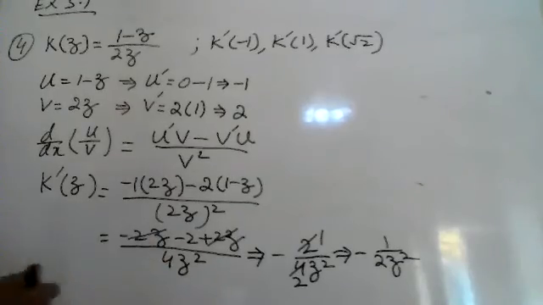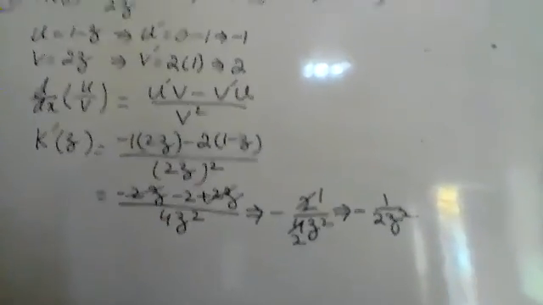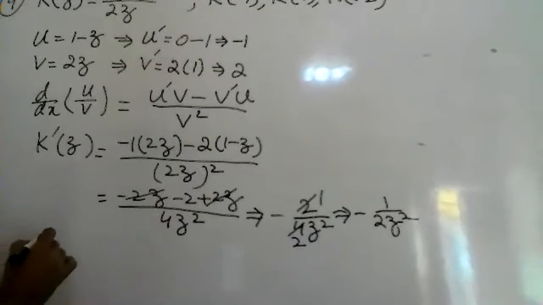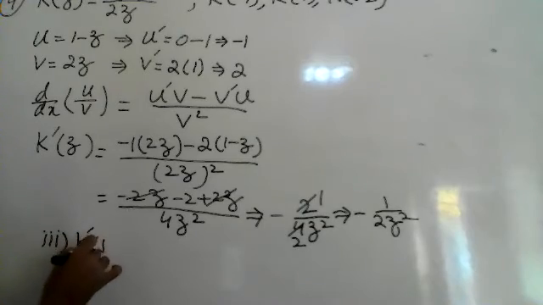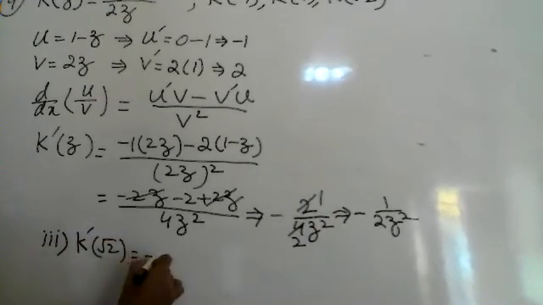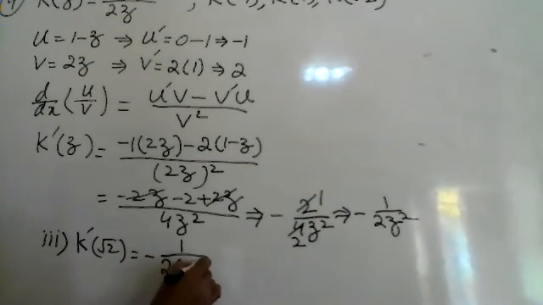Now the third I am doing, k dash under root 2. It will become minus 1 upon 2, and z is under root 2 square.